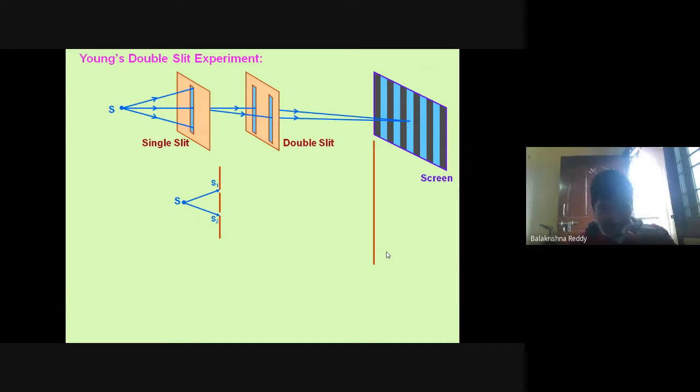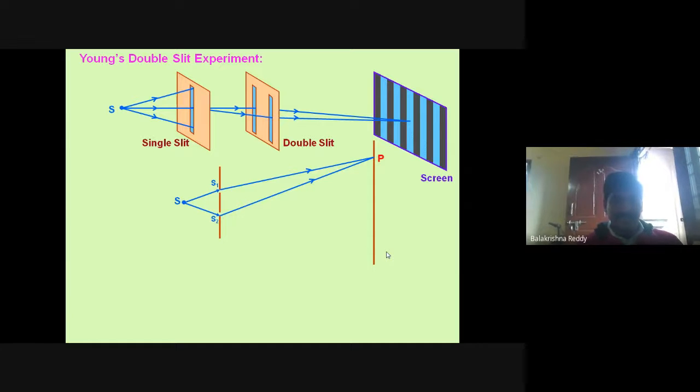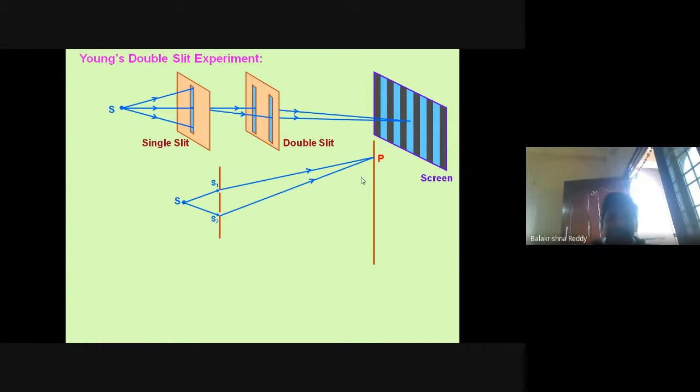The slit width is always very small, like 0.01 mm, whereas the distance between the screen and the slits is in terms of 1 meter or 100 centimeters. You can see here the two waves interfering, and after interfering, forming a band at a point P.